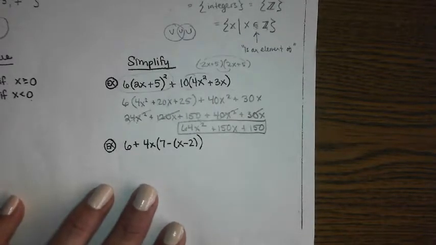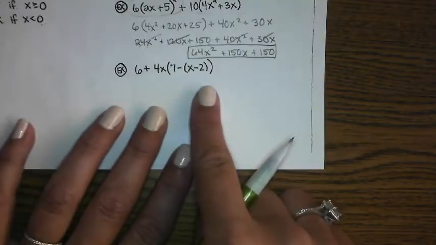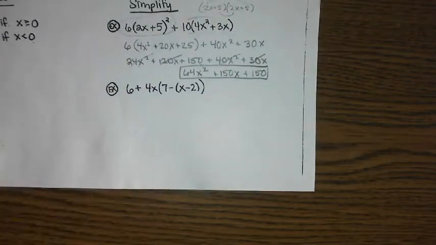All right, the next one here is a little bit heavy on the parentheses. What would you do first to simplify this? Take a look at it, think about what your answer would be, and then I'll call on somebody. Where's Alyssa?